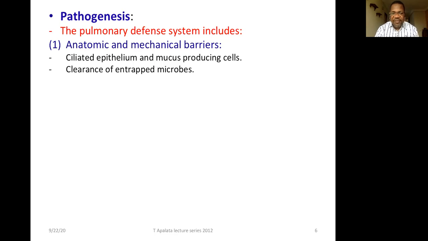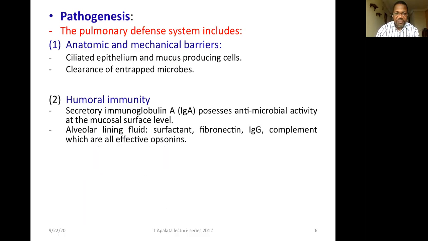The first defense system includes anatomic and mechanical barriers. Here we have a ciliated epithelium that plays a major role, and mucus-producing cells in the respiratory tract. They play a major role in preventing bacterial infections, and in the clearance of entrapped microorganisms.